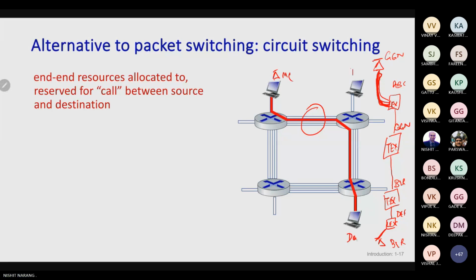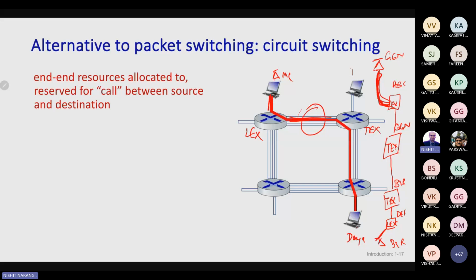Dayanand is here. So this is a dedicated line. Then between my local exchange and the trunk exchange, there's a lot of capacity in this communication link. But what am I doing? I am reserving some bandwidth or some carrying capacity on this link specifically just for me. Sorry, not for me, for the call between me and Dayanand.